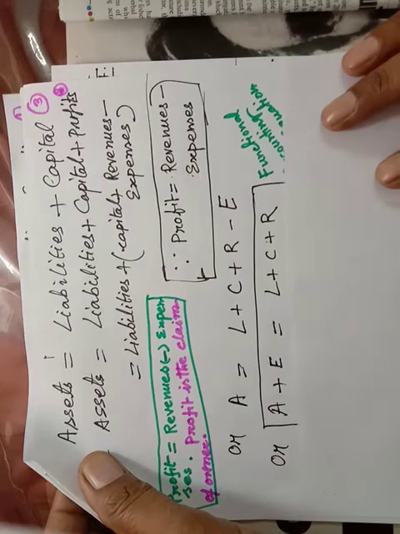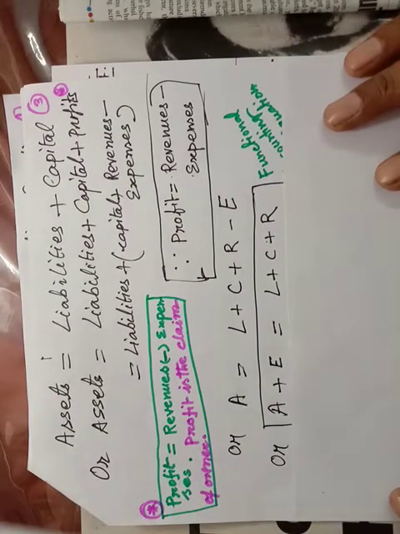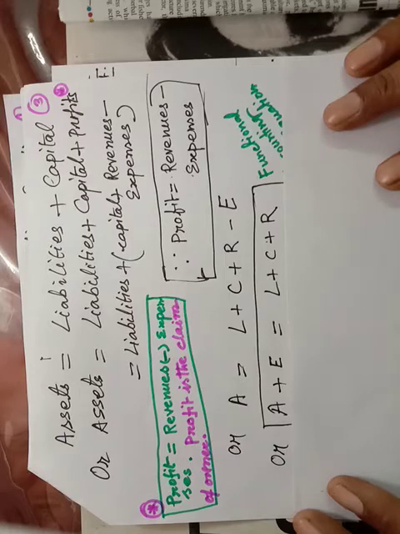Or you can write asset plus expenses and losses: if this minus E is brought to this side, mathematically, asset plus expenses and losses is equal to liabilities plus capital plus revenues.